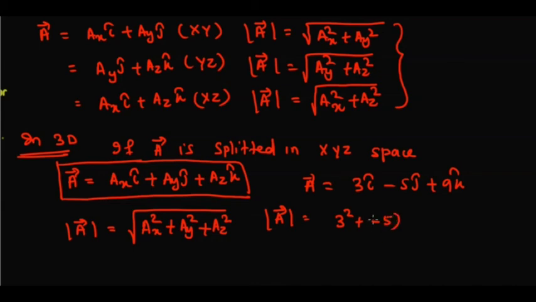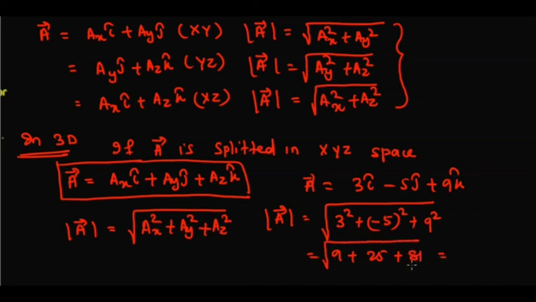So write minus 5 square plus AZ is the coefficient of k cap, which is 9. So write 9 square and then give a square root symbol. So 3 square is 9 plus minus 5 square is 25 plus 9 square is 81. So 81 plus 9 is 90, 90 plus 25 will be 115. So you will get square root of 115. So this is the magnitude of vector A.